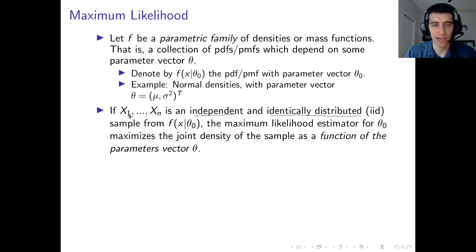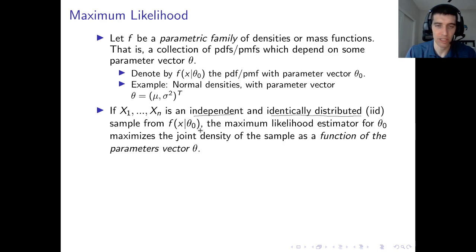So if I have an IID sample from a parametric family with some theta value being selected, then the maximum likelihood estimator for this parameter value maximizes the joint density of the sample as a function of the parameter vector.